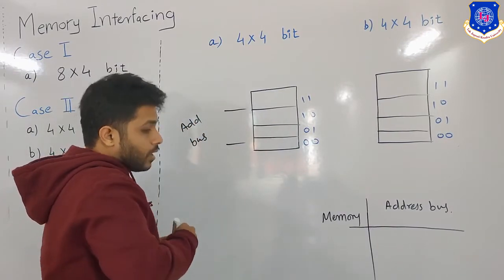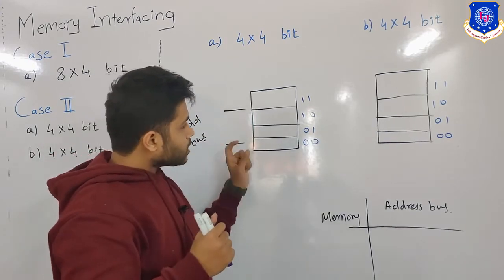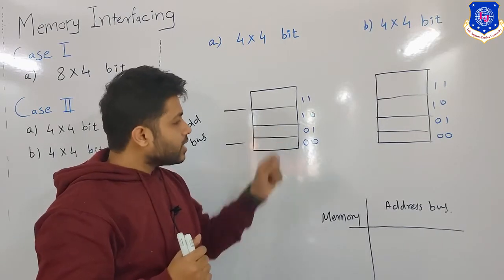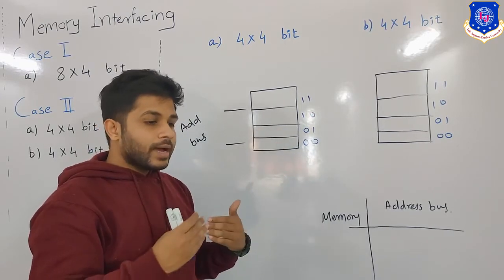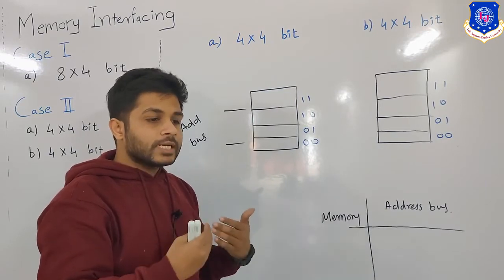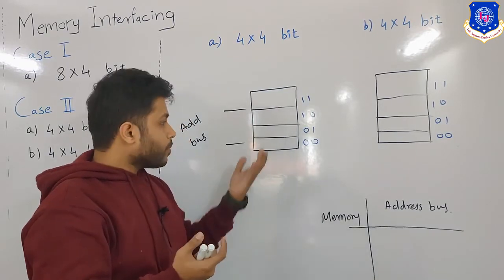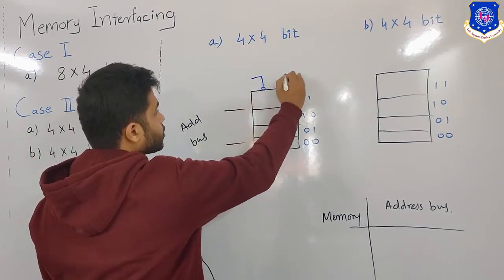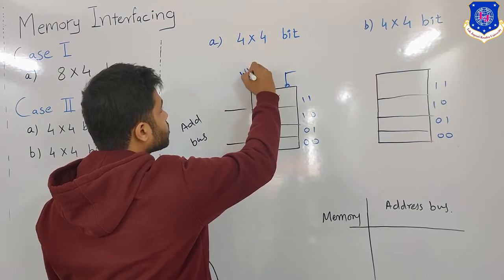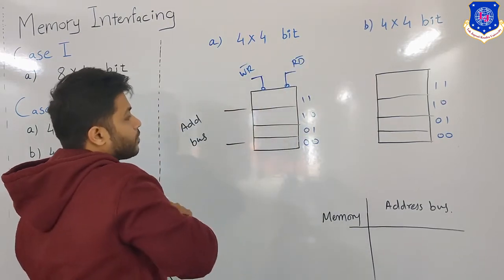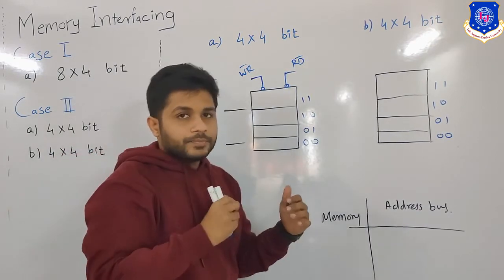Now, using the address bus, the processor would be able to select one location in the memory. After selecting one location, the processor can either read or write data from that memory. It means that the processor has to send some control signals. So memory has two control signals, read bar and write bar, to read and write data.